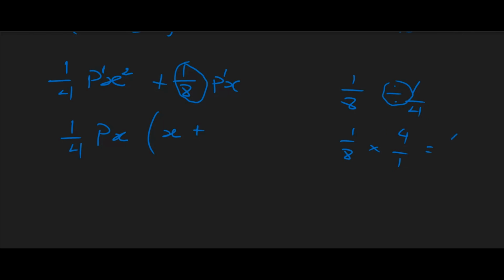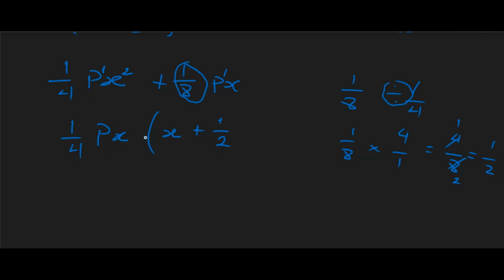So we get 4/8. We just multiply: 4 times 1 is 4, 8 times 1 is 8. 4 goes into itself 1 time, and it goes into 8 two times. So you're going to get 1/2. So that means 1/4 goes into 1/8 one half. Easy, right?